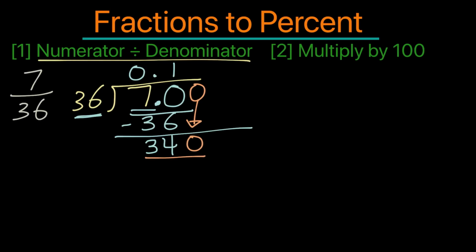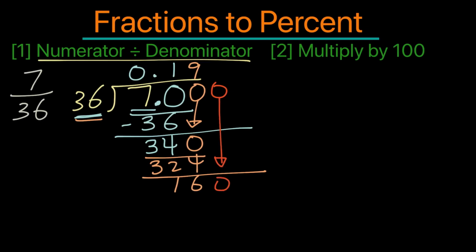Now 340 divided by 36, 9 can go into it, and that comes out to 324. Now 340 minus 324 is 16, and we need to bring down another 0.